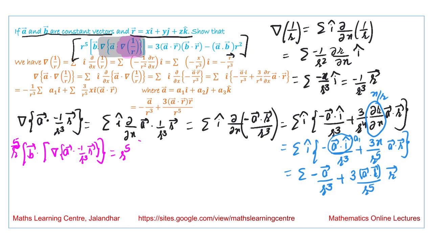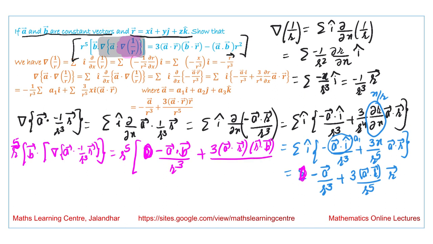So when we are doing the dot product with b, we get minus a vector dot b vector over r raised to the power 3 plus 3 into a vector dot r vector dot b vector over r raised to the power 5.